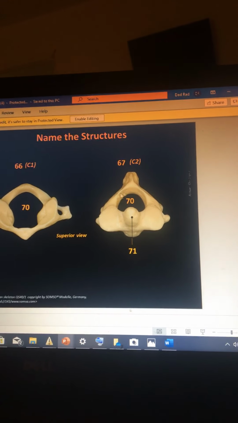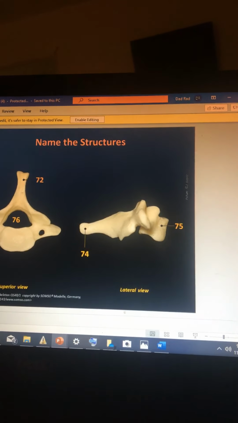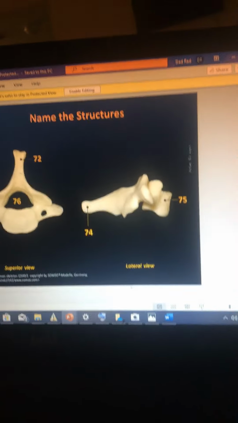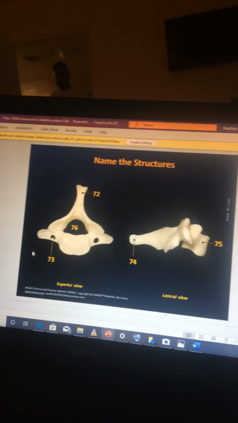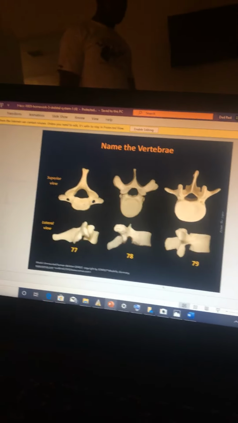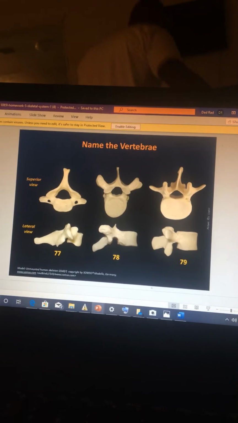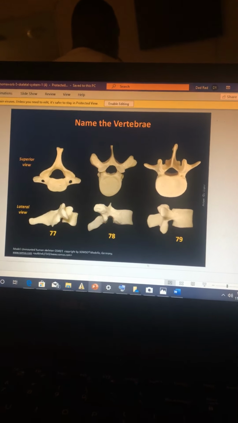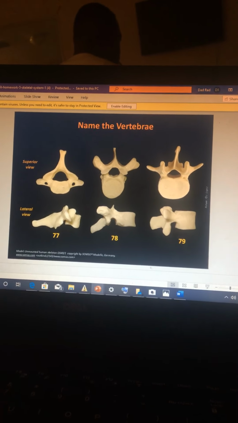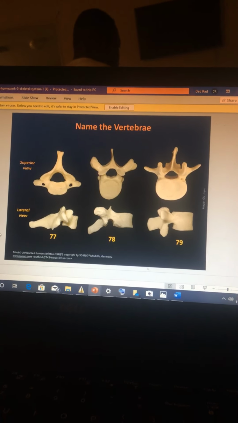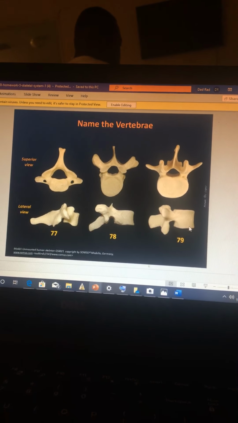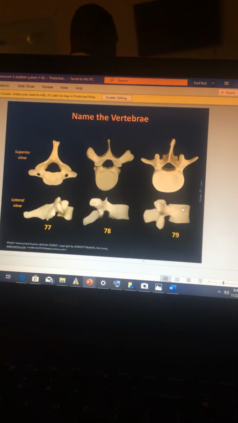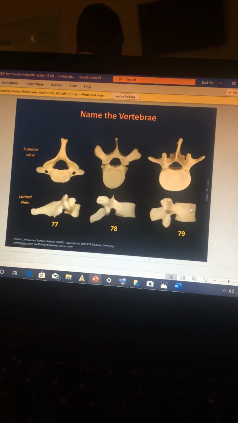Okay, we're gonna do some more vertebrae, and we're gonna start off with this one, which is the lumbar vertebra right here. This is the body of the lumbar vertebra.